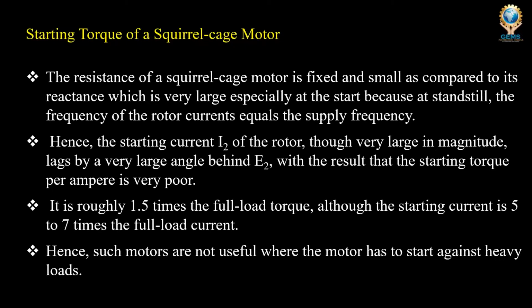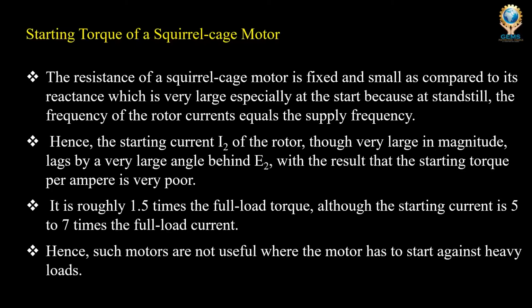Actually, in squirrel cage motor and slip ring induction motor, the starting torque will differ because of the construction and the resistance, reactance, and other things. So here we will see what will happen in squirrel cage motor. Next we will see the slip ring induction motor.